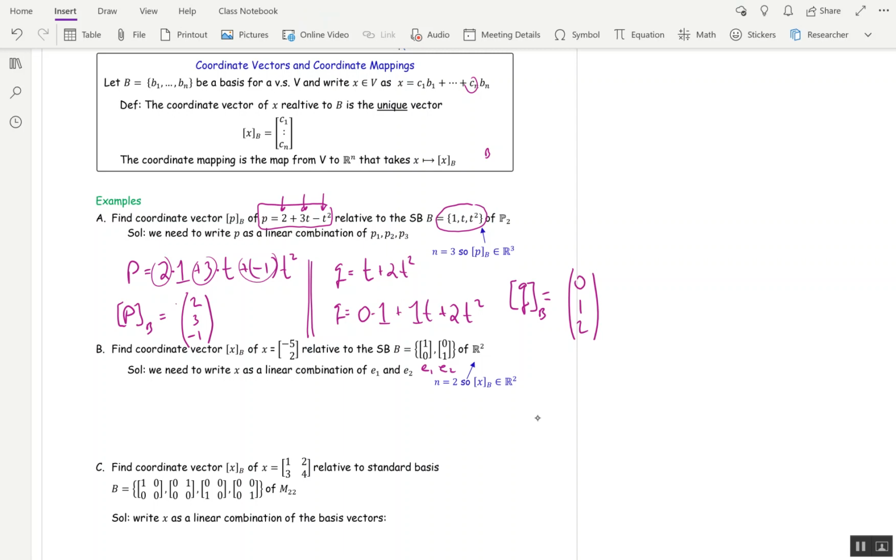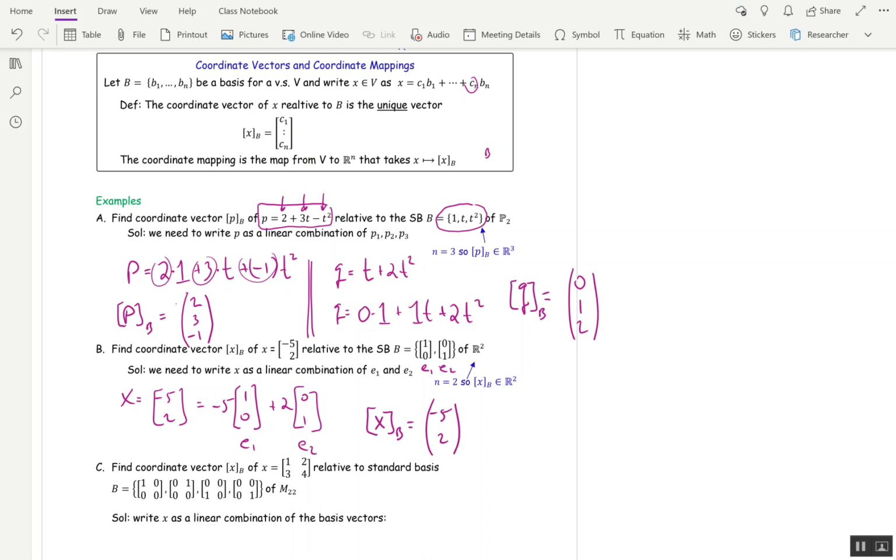Okay, so x is negative 5, 2, which is negative 5 times (1, 0) plus 2 times (0, 1). This is e1 and that's e2. So the coefficients are negative 5 and 2. So x sub b is the vector negative 5, 2.